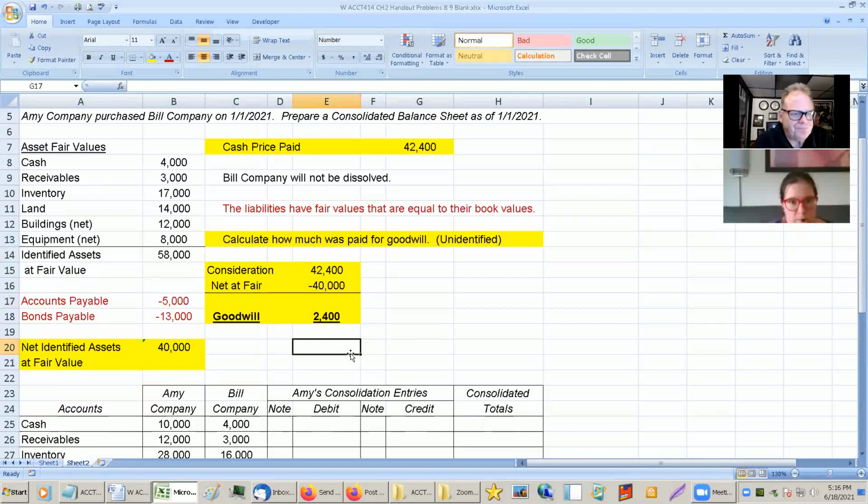Okay, so the goodwill is 2,400 on it, and again, it's usually because they're more profitable than a normal company is with whatever assets they have. Okay, so excesses.